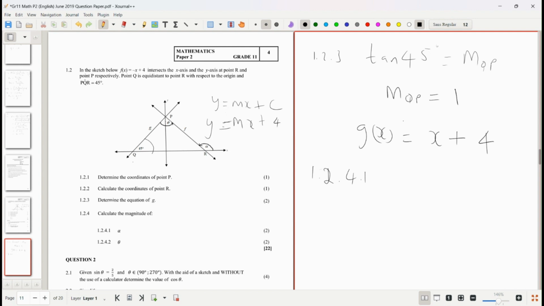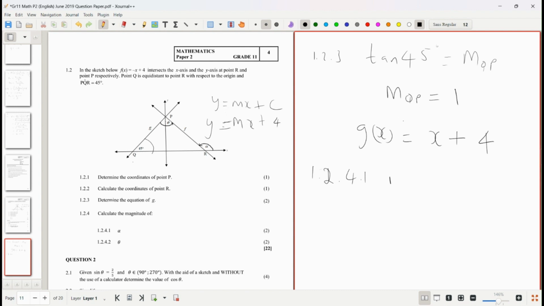This alpha here, you can see there's a line here which is F, right? What do we know? The gradient of F is -1. You can see from this equation here, the gradient of F is -1. So if the gradient of F, which is PR, can you see PR?